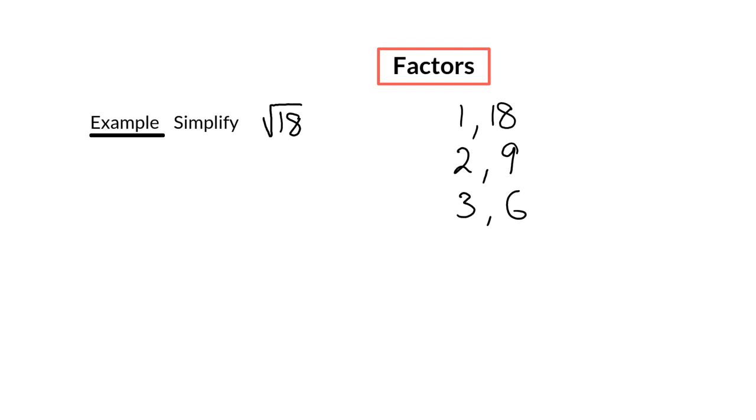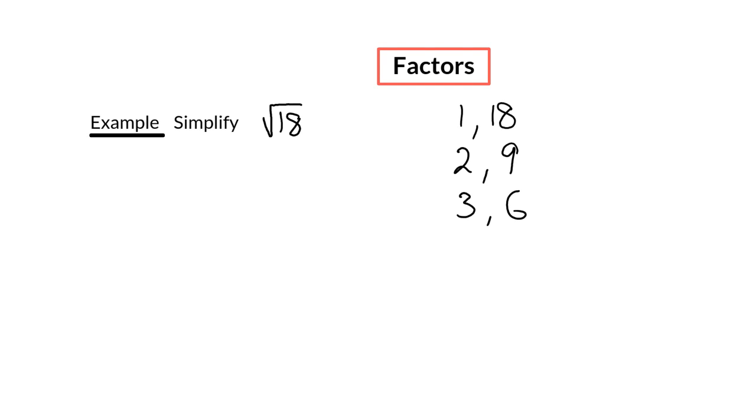What we now need to do is consider what pair of factors is the best we can use to simplify the square root of 18. Naturally, we can create a combination of these two numbers and split root 18 up, and I want to go through and assess those options.